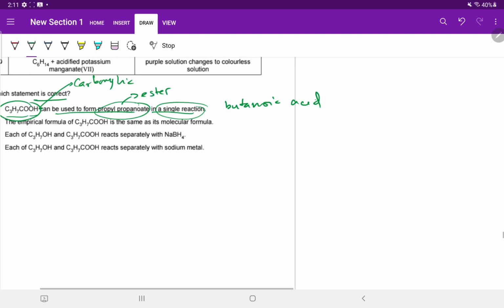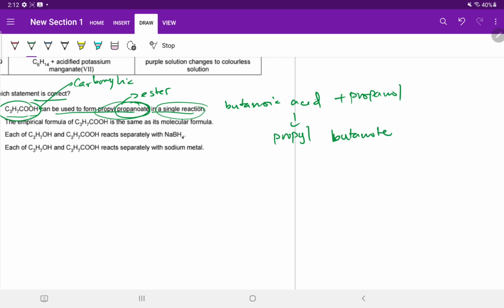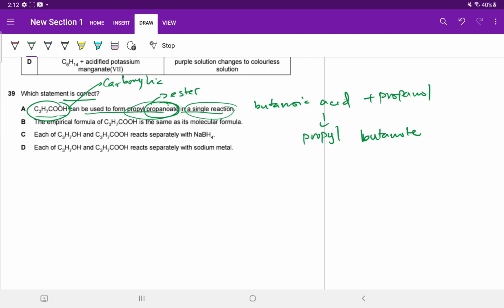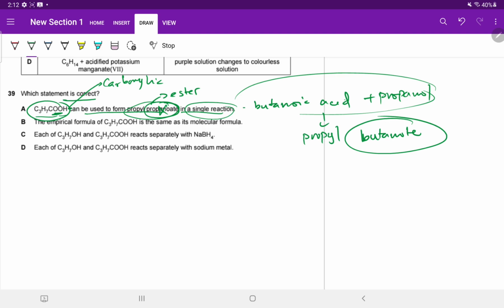Even if you react it with propanol, this will form propyl butanoate. A carboxylic acid can react with an alcohol in the presence of a sulfuric acid catalyst to form esters, but over here, even if we consider this to be a single reaction, this has to form a butanoate, not propanoate, because this is butanoic acid. So option A is wrong.